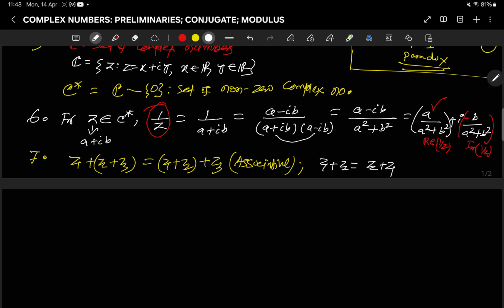It is also commutative. This property is the commutative property. And accordingly, you have 1 plus i0 as the unit element, the identity element, the multiplicative identity.